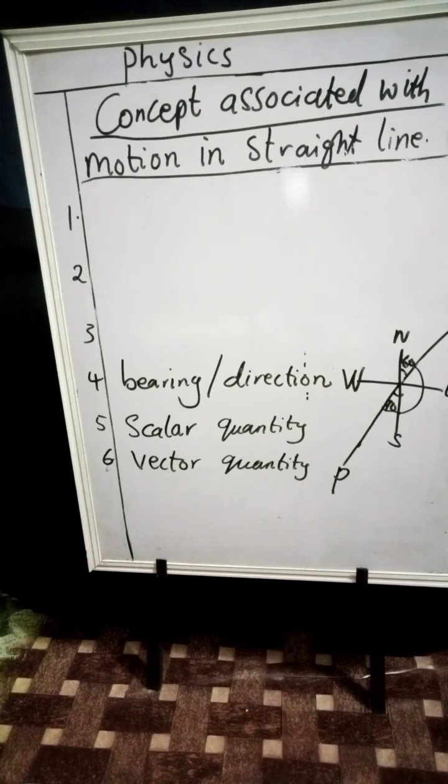You need the unit, the number, and the direction to specify a vector quantity. Examples of vector quantities are force, acceleration, velocity, displacement, and the rest of them.